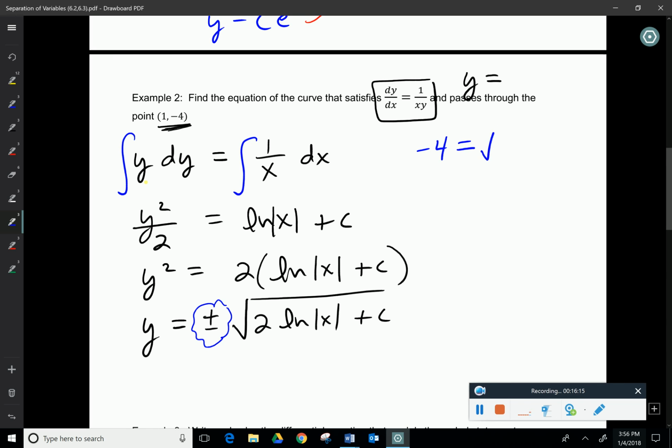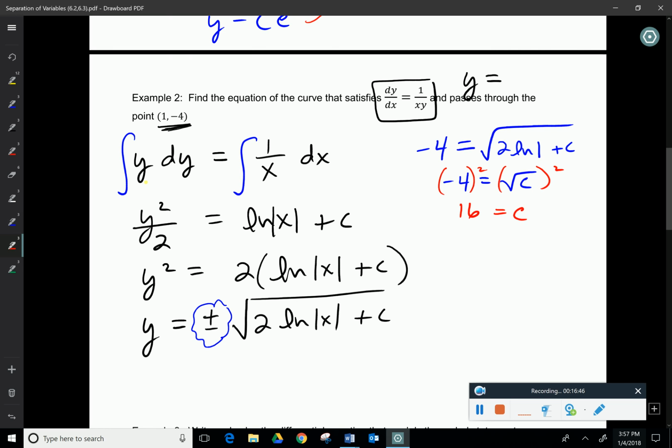So I have the square root of 2, now the natural log of 1, and then my plus c. Well, what's the natural log of 1? It's 0. So what I have is that -4 equals the square root of c. And if I want to solve for c, wouldn't I just square both sides? So if I square both sides, I'm going to have that c equals 16.